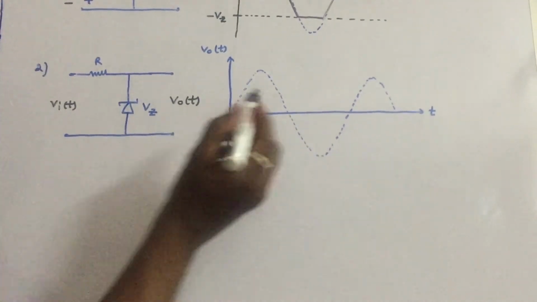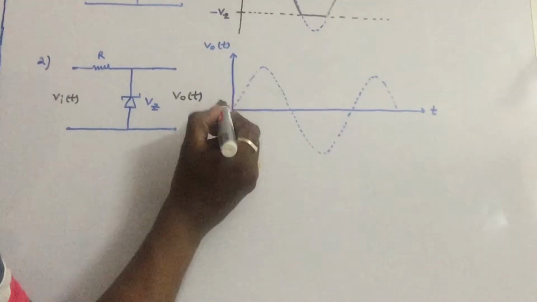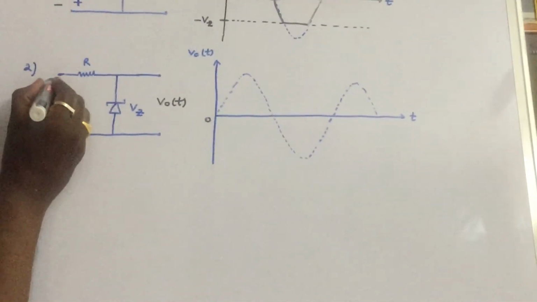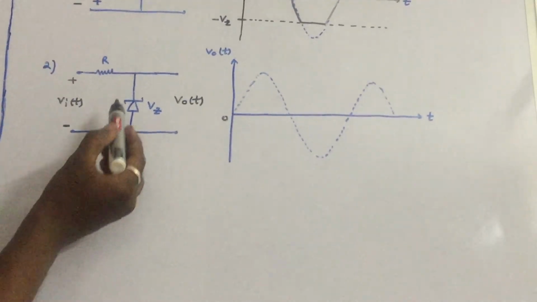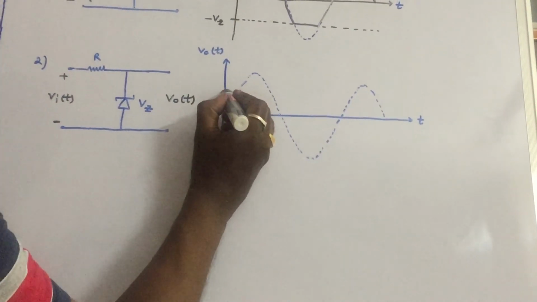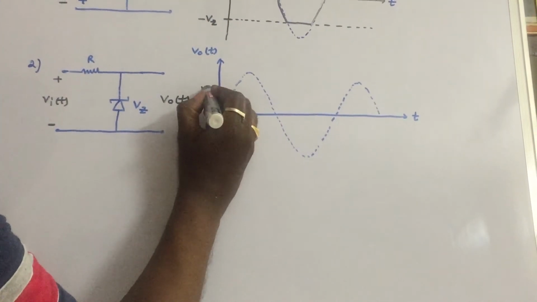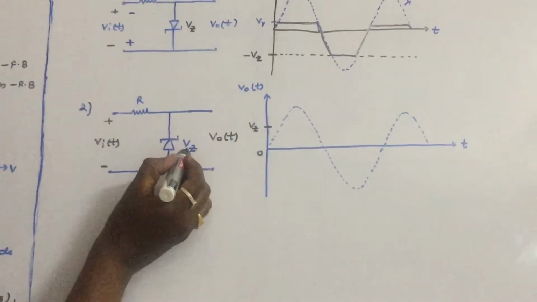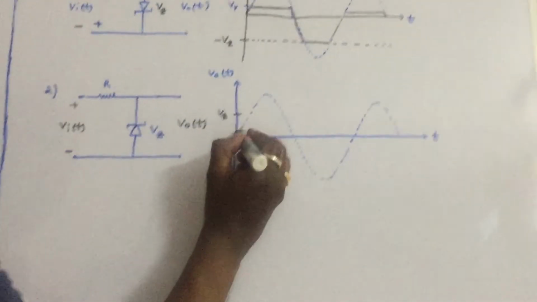During the positive half cycle, the Zener diode is reverse biased. As long as the voltage is less than Vz, the output follows the input.